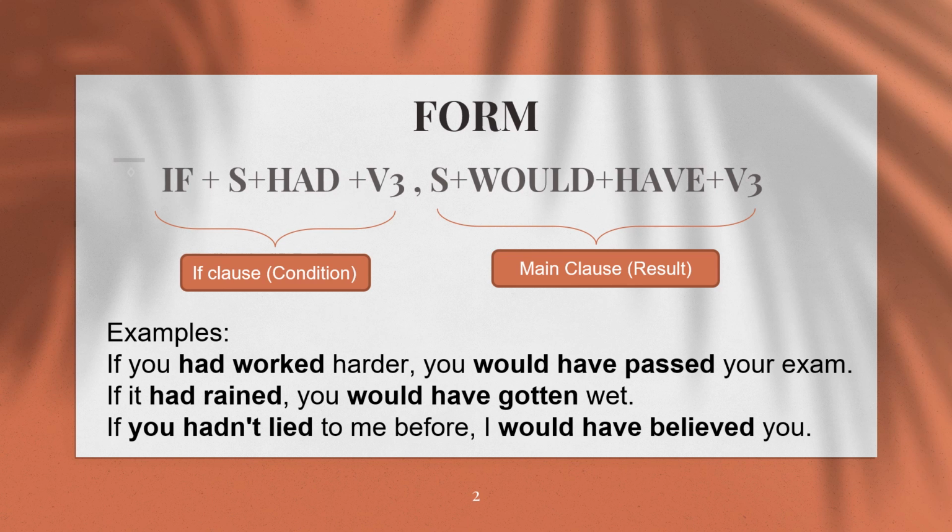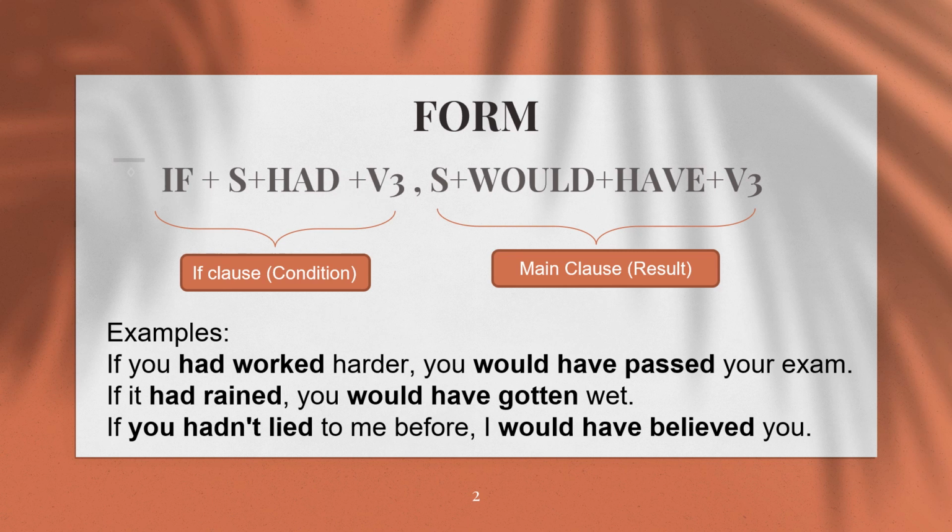While the next example is using negative sentence for the if clause. How to make negative form? We just need to add not after had. For example, if you hadn't lied to me before, I would have believed you.